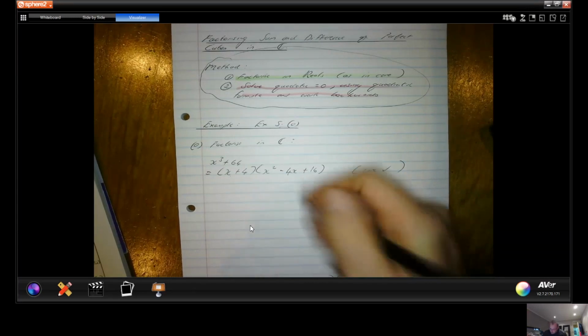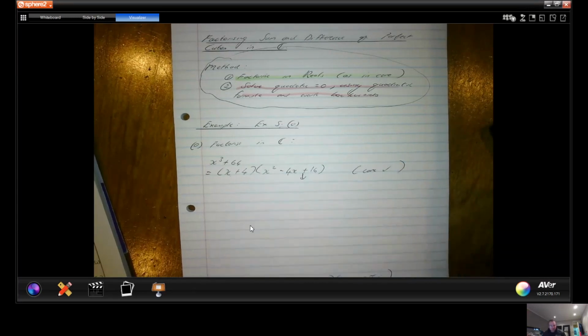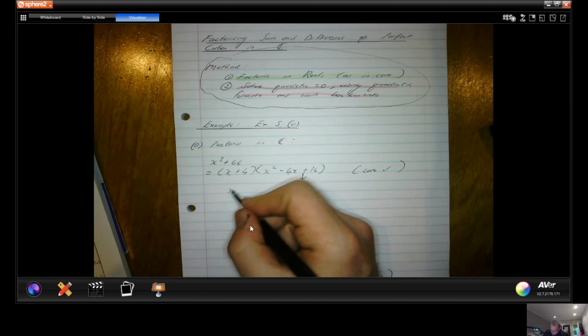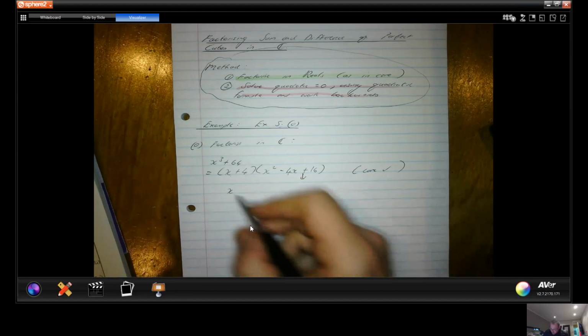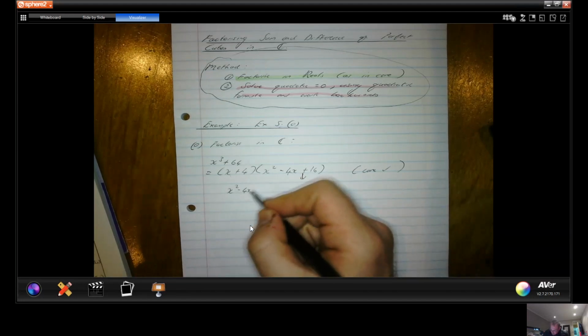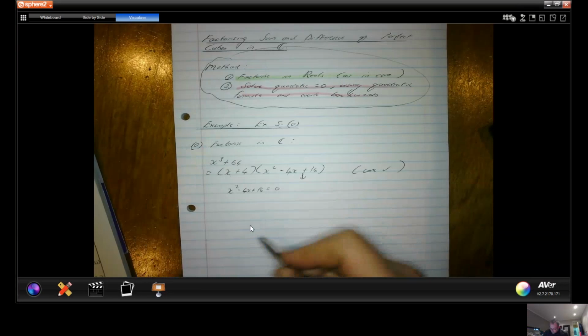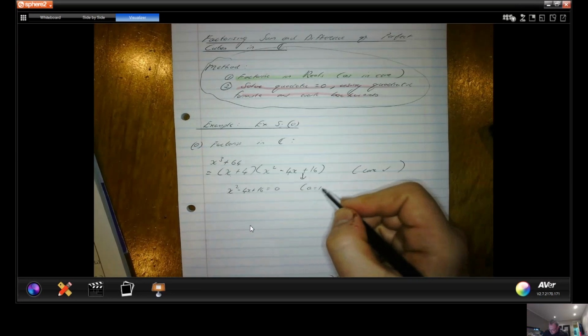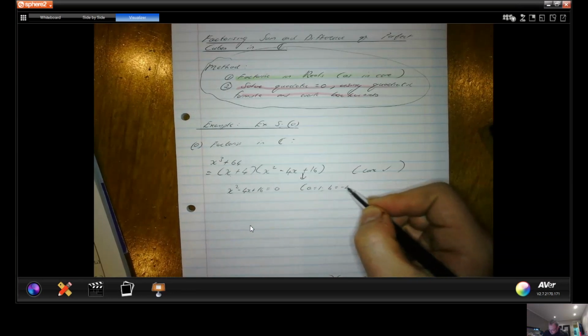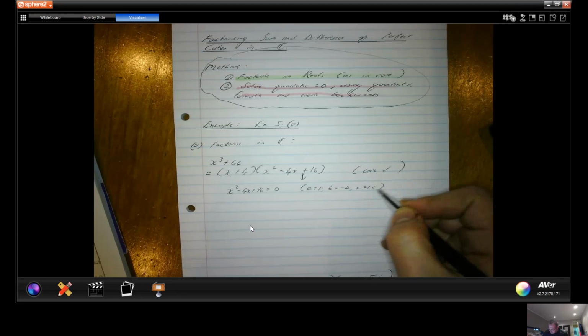But in AP, we can factorize this a bit further. We can factorize that in the complex plane. In the real number system, we'd be done up to there. So in the complex number system, I'm going to solve the equation x squared minus 4x plus 16 is equal to 0. We've got a is equal to 1, b is equal to negative 4, and c is equal to 16.